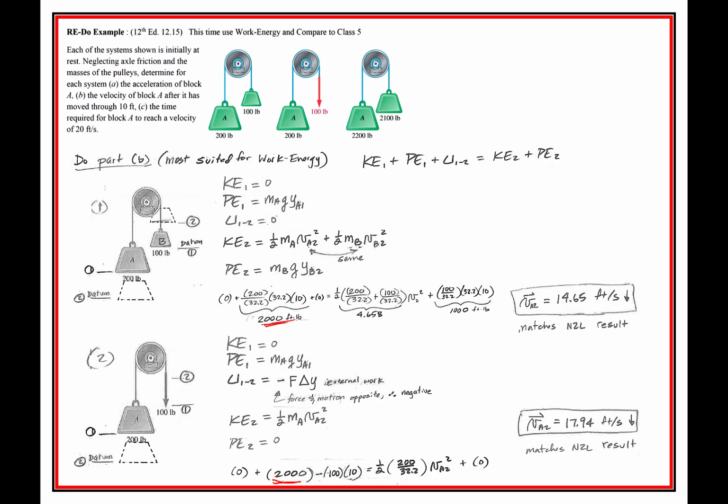What we're left with is a velocity of 17.94, noticing that it's more than scenario 1. Why is it more? Because there's less mass to resist the motion, right? It's really up in here that's going to be the difference between these two problems. There's also a difference in potential energy going off. So this one resists the potential energy as well.